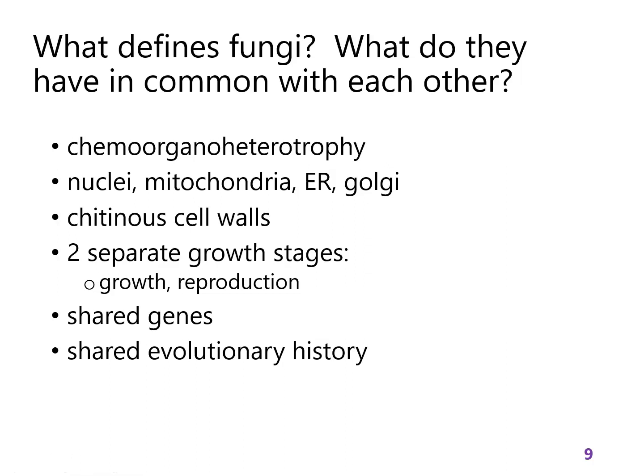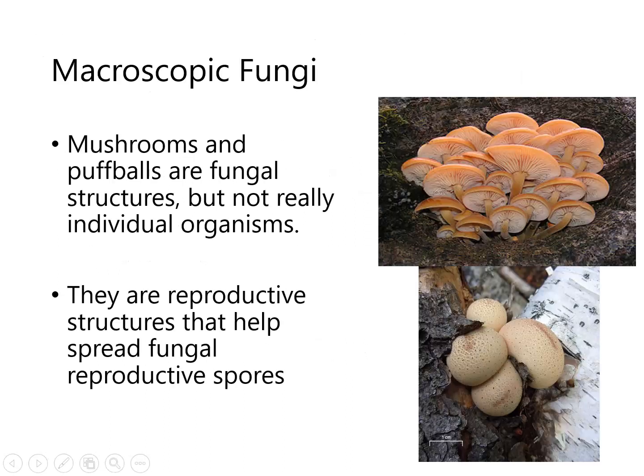Some of them can reproduce sexually, where they have to find the opposite sex in order to reproduce. We won't look a lot at the macroscopic fungi, but I do want you to understand what they are, and so I will show you some of that in another couple slides.